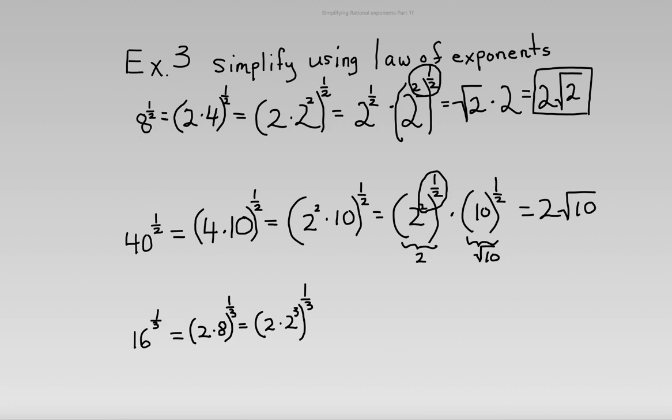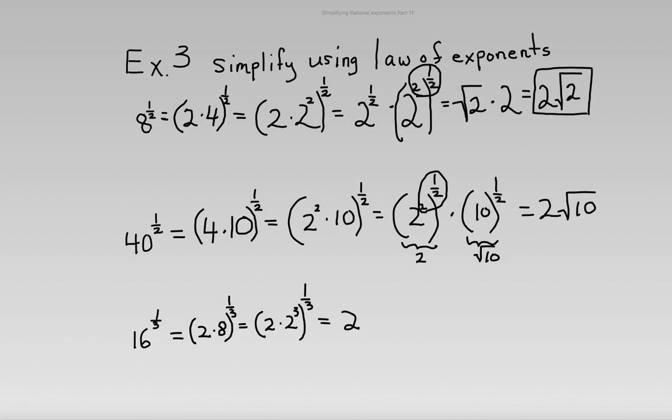Now, since I have 2 cubed and I have a 1/3 exponent here, I know that 3 times the 1/3 is going to cancel.